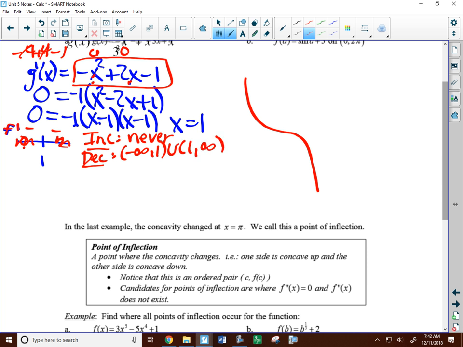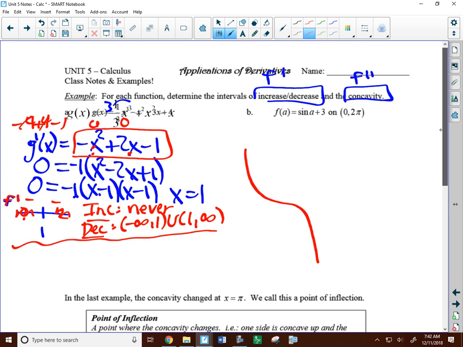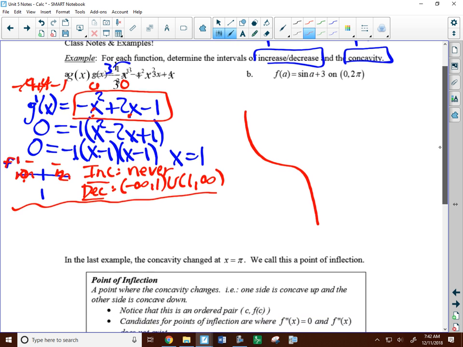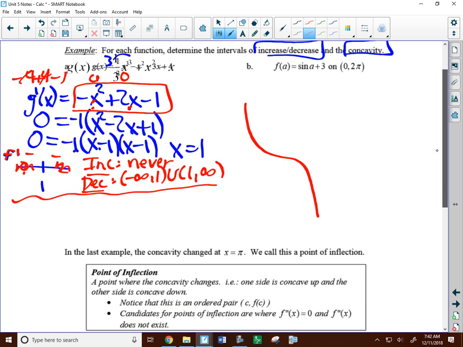Never brackets, always parentheses. So basically it's not decreasing at 1, it's level at 1, slope of 0. So that was actually just increase, decrease. That was first derivative stuff from yesterday. Any thoughts on that?